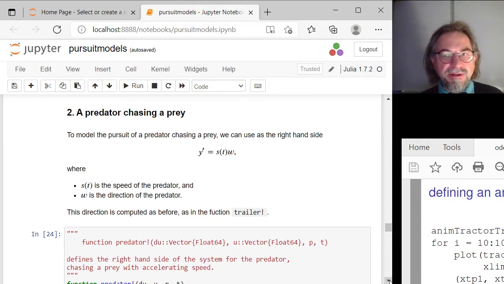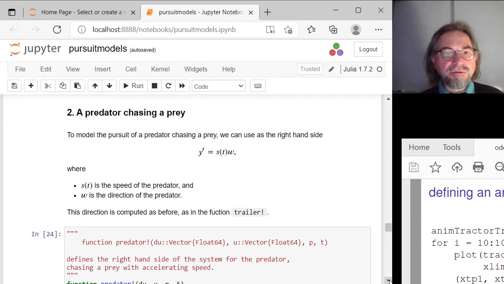So now we consider, instead of a tractor, a prey. The textbook uses a duck, and the predator is a drake. So there is a duck that is happily swimming around in a pond, and then there is a predator that goes after that duck.